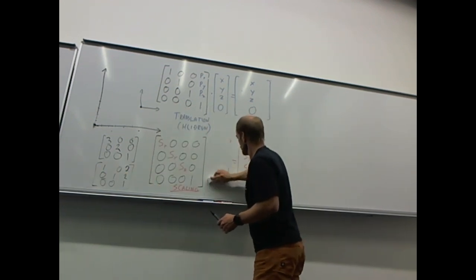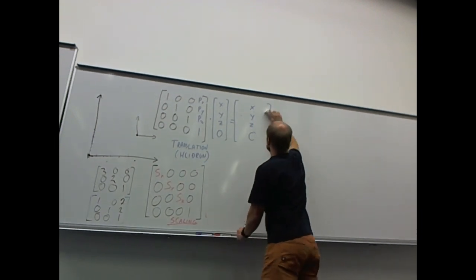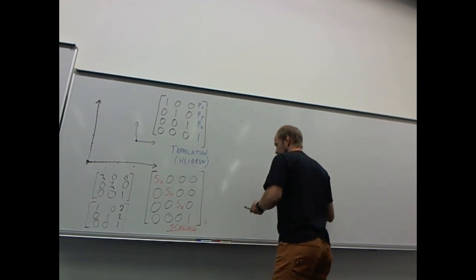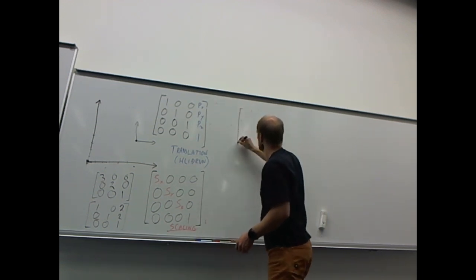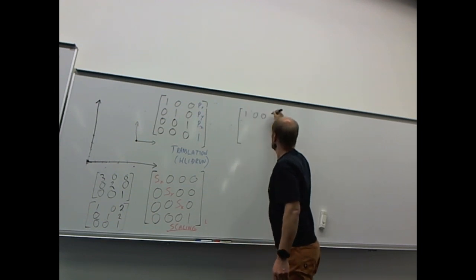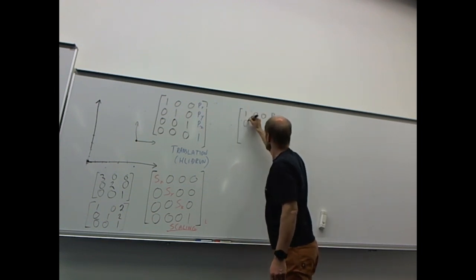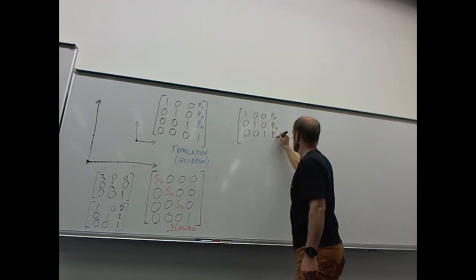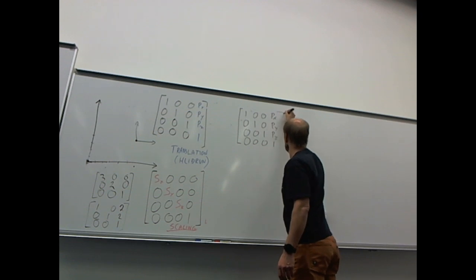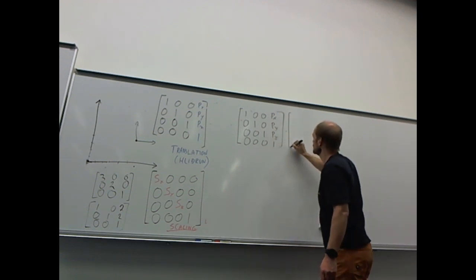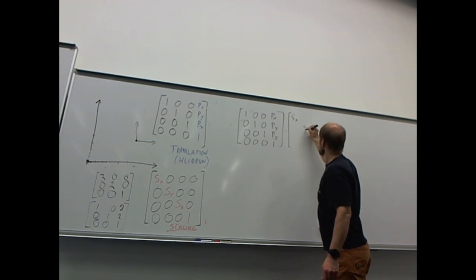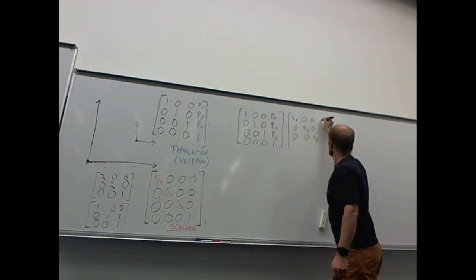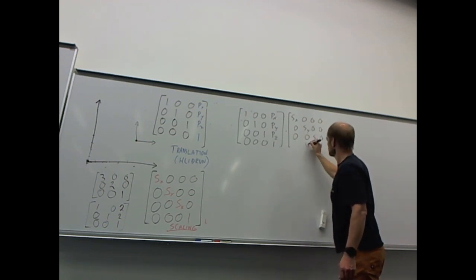What happens if I multiply 1, 0, 0, px, 0, 1, 0, py, 0, 0, 1, pz, 0, 0, 0, 1 times sx, 0, 0, 0, 0, sy, 0, 0, 0, 0, sz, 0, 0, 0, 0, 1?